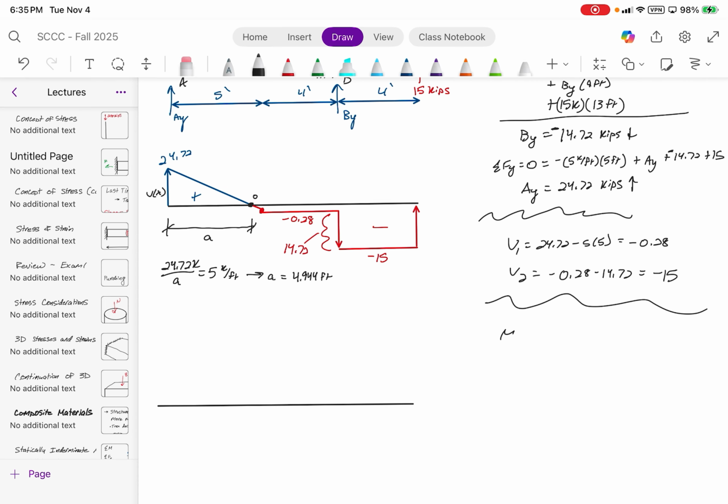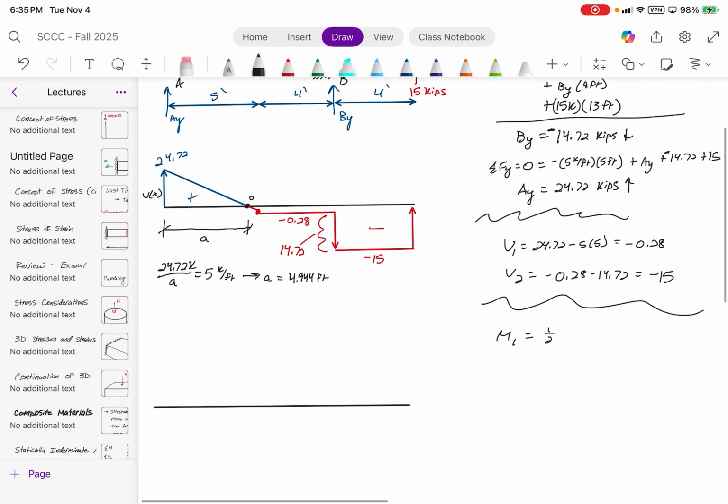And so from here, when we're calculating the first bending moment, you take the area of the blue triangle. The area of the triangle is 1/2 times 24.72 kips times 4.944 feet.